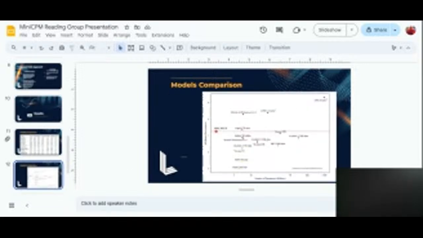So here's the model comparison. Language models can be fine-tuned to better understand human preference, but this can come with a cost called the alignment tax.